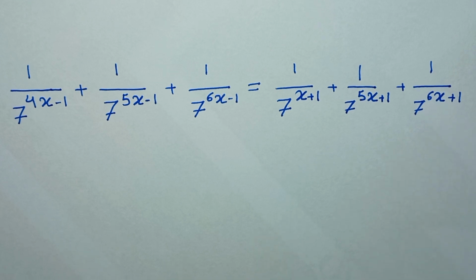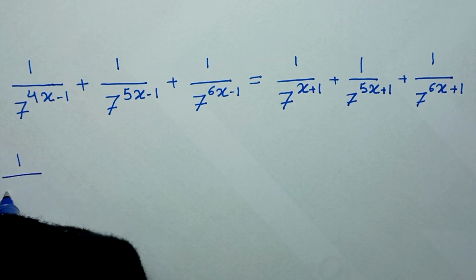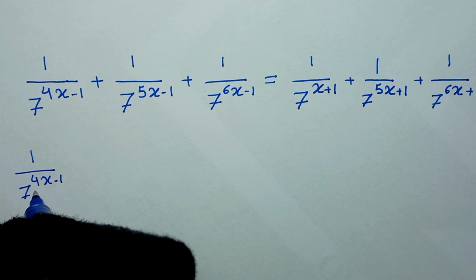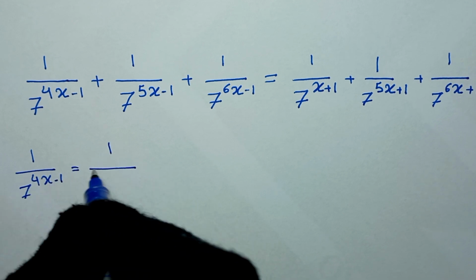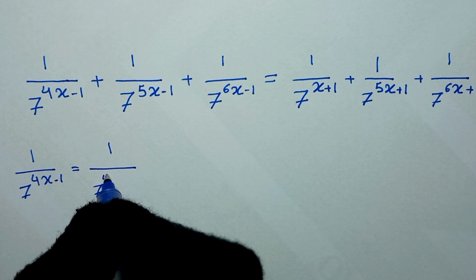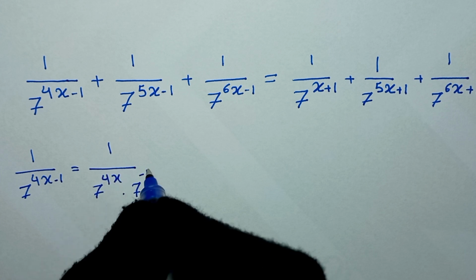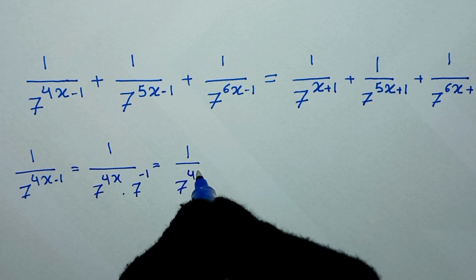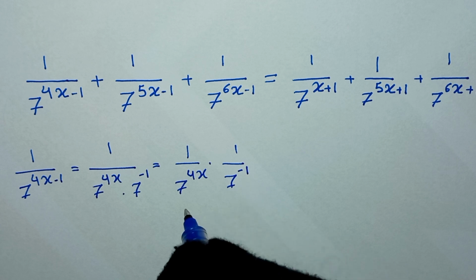In the first step, in here we have 1 over 7 to the power of 4x minus 1, right? And from the exponential rule, we can write this denominator as 7 to the power of 4x times 7 to the power of negative 1, right? And this is equal to 1 over 7 to the power of 4x times 1 over 7 to the power of negative 1, right?